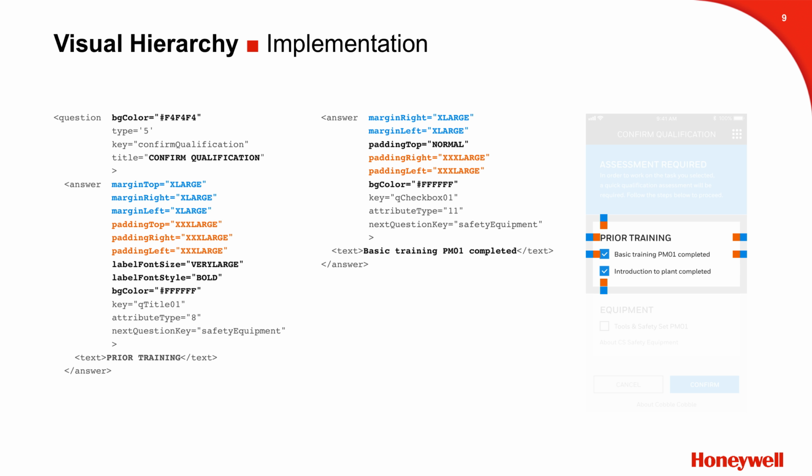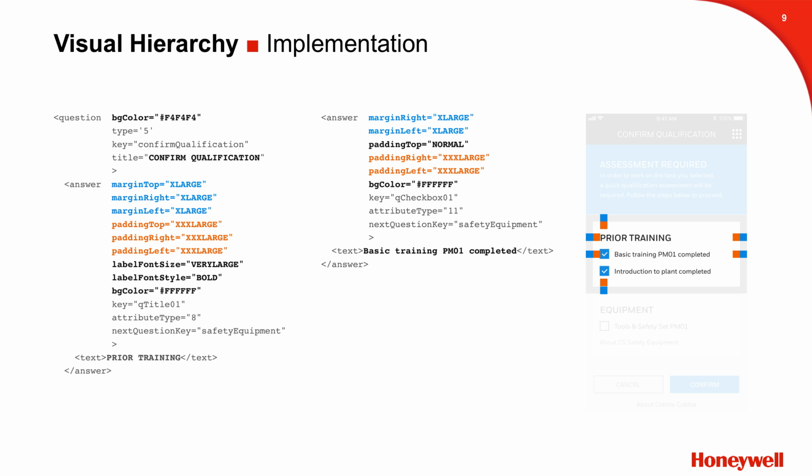So here on the right, we see highlighted one part of that screenshot from the last slide. And we can see that this prior training section appears as one visual unit to the user, but in fact it's still three completely separate answers within one text item screen. The blue bits represent margins, and the orange little squares represent paddings.